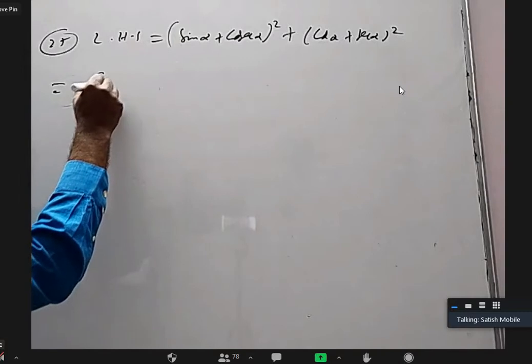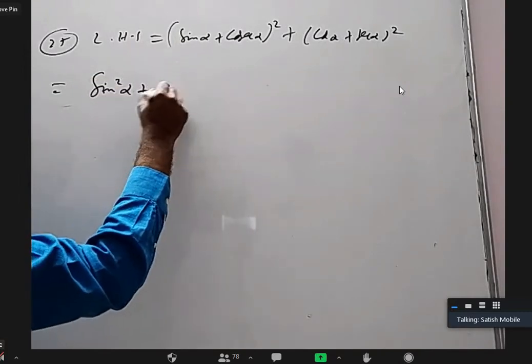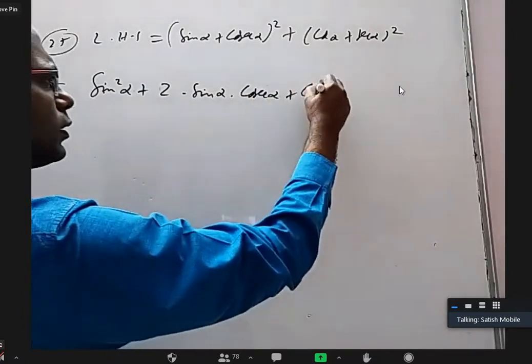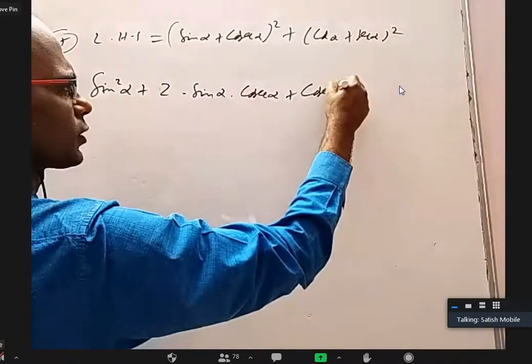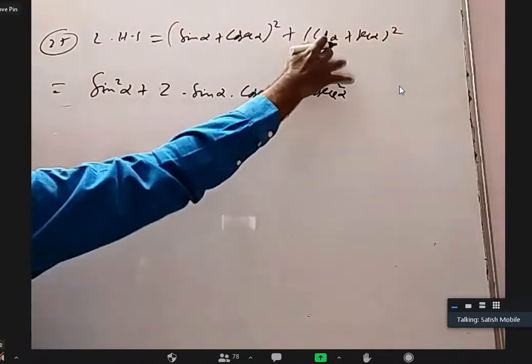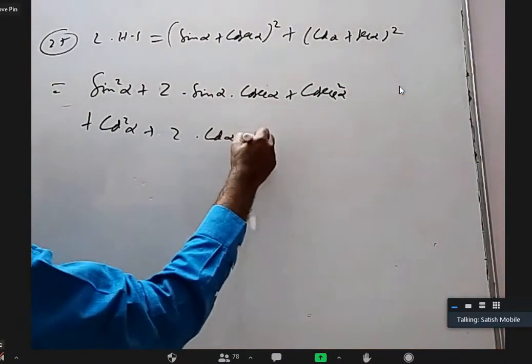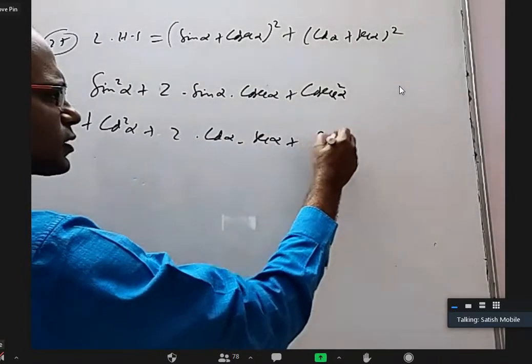When I expand this, I'll get sin square alpha plus 2 into sin alpha into cosecant alpha plus cosecant square alpha. This one, when I expand, I'll get cos square alpha plus 2 into cos alpha into secant alpha plus secant square alpha.